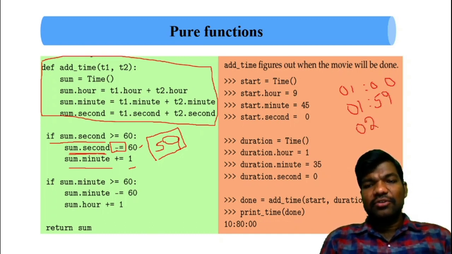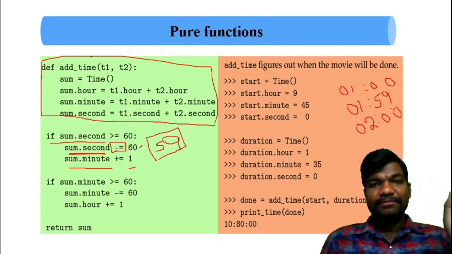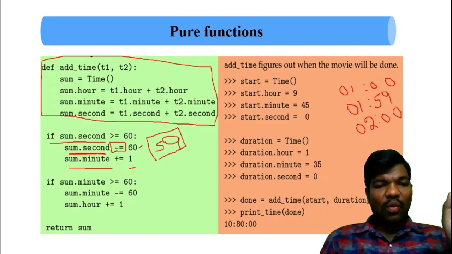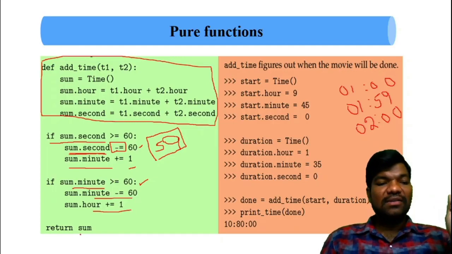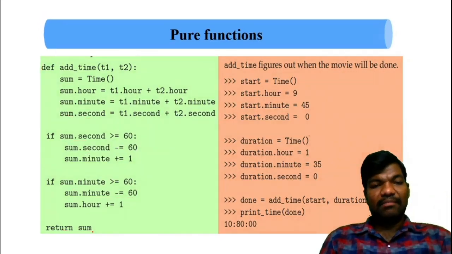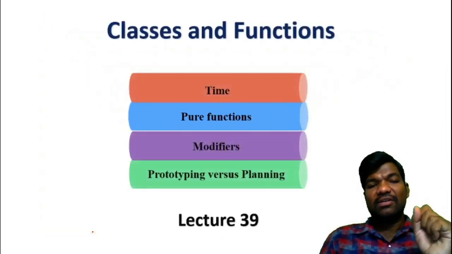It will become 2 minutes. So 60 is not displayed, right? That's why 60 is decremented and the minute is added, right? Similarly, if sum dot minute is greater than or equal to 60, minutes are decremented by 60 and the hour is incremented. So finally it will return the sum. So that's the pure function concept.